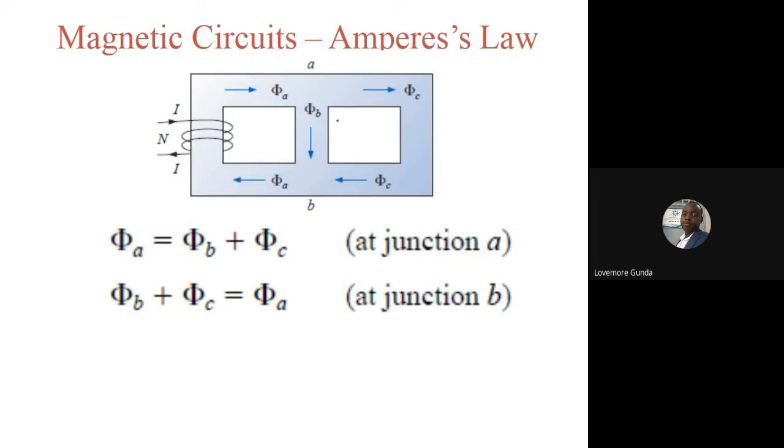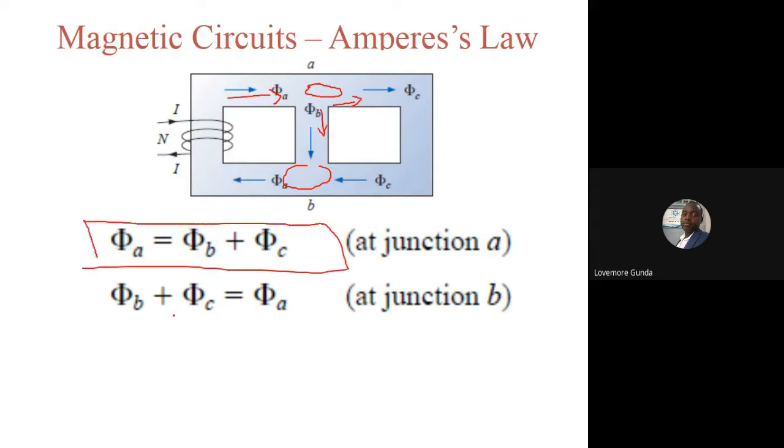Then also we have junctions in magnetic circuits, and still flux entering a junction should be equal to flux leaving a junction. In other words, that's why phi A is equal to phi B plus phi C. Right? Why? Because A is entering this junction and these two are leaving. That's this and that. So again, the same laws apply.